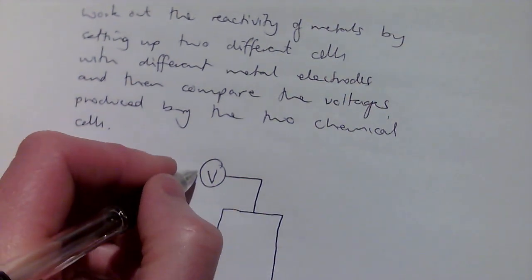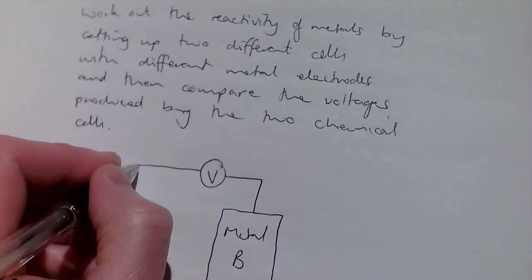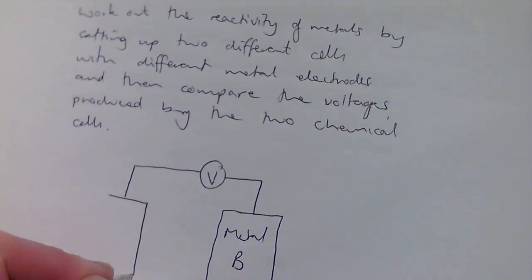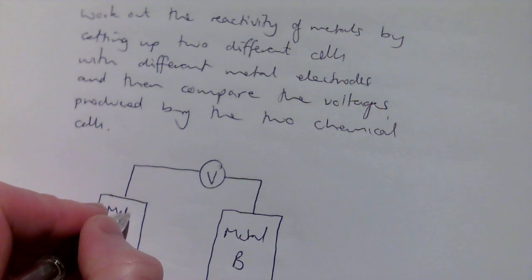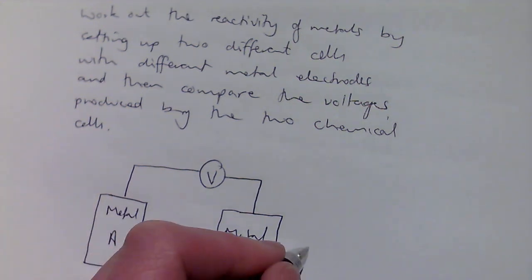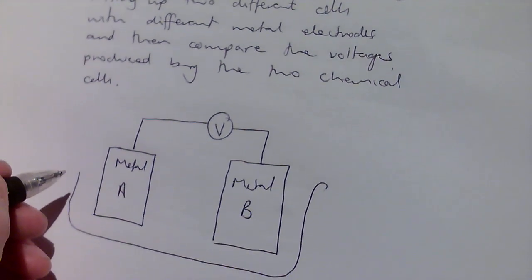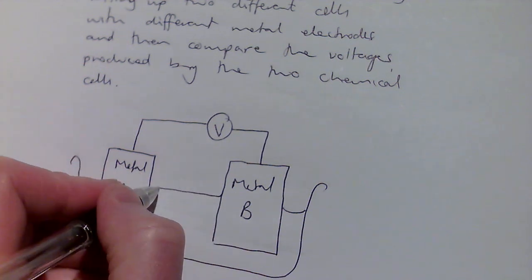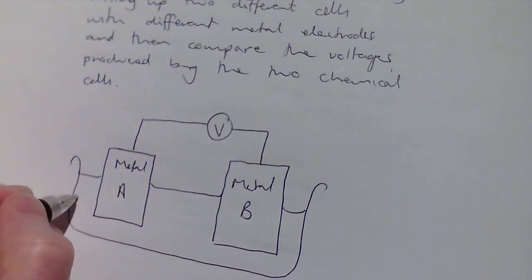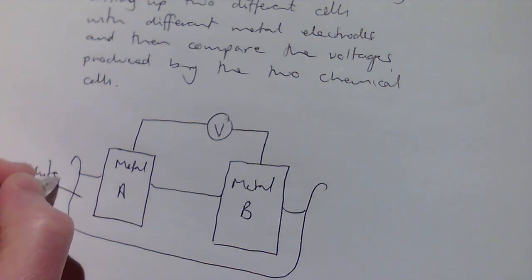That would be metal B. Then we've got the other side of the cell here, that's attached to an electrode, that is metal A. Then into our beaker, with our nice meniscus, and our electrolyte, which will be an aqueous ionic solution.